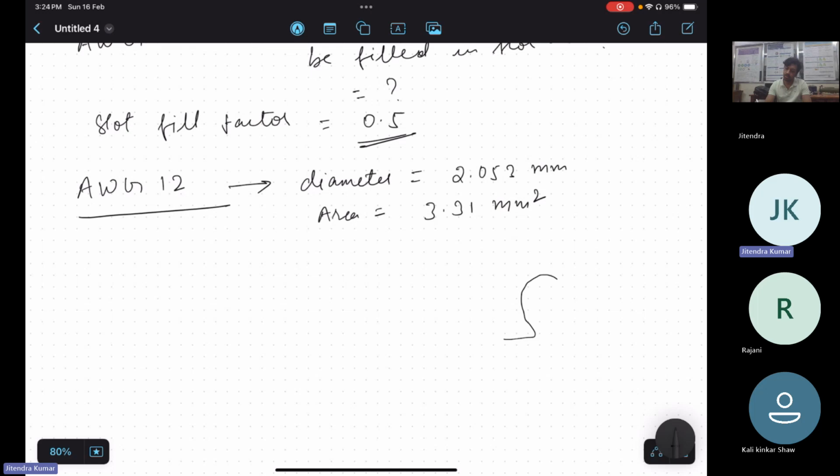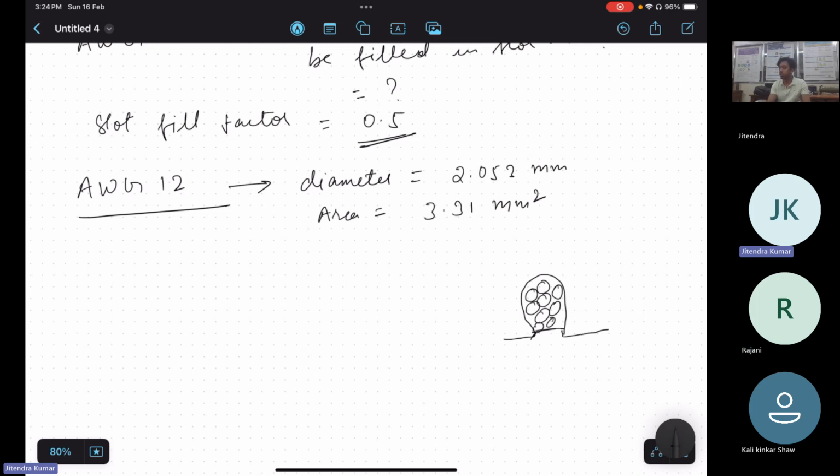Right. So suppose your slot is like this, and you have circular round wire. There is also the slot liner, slot insulation, wire insulation, and other factors like wedges.